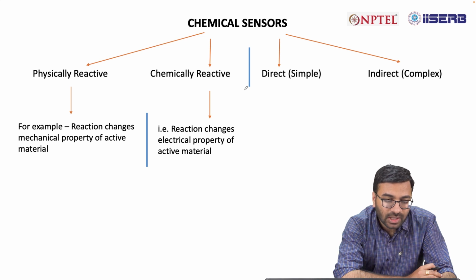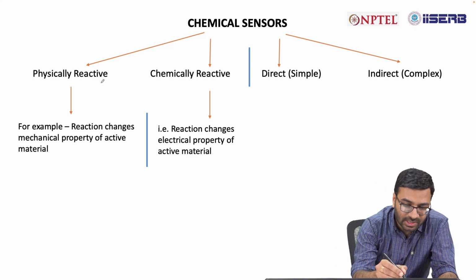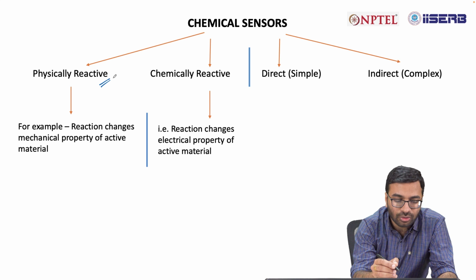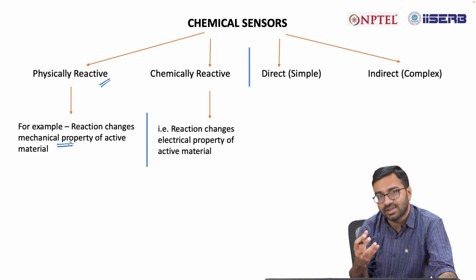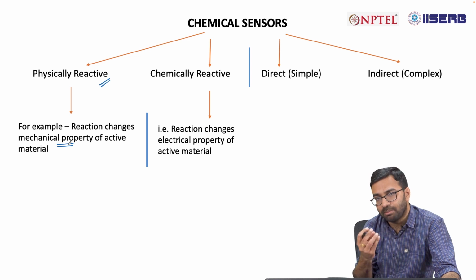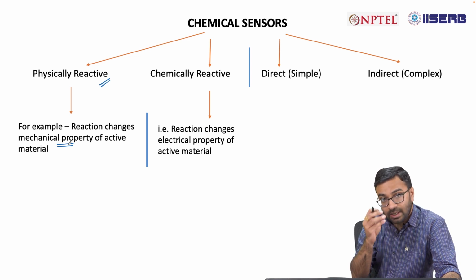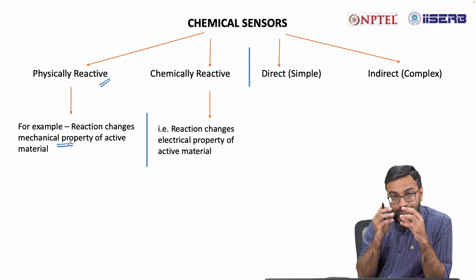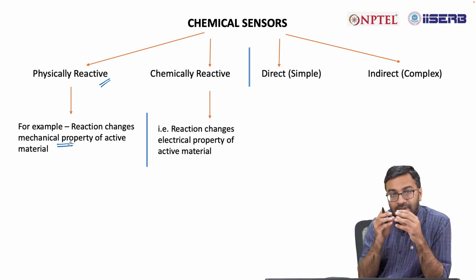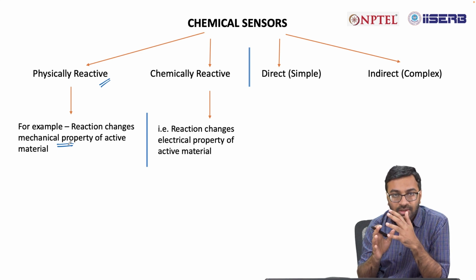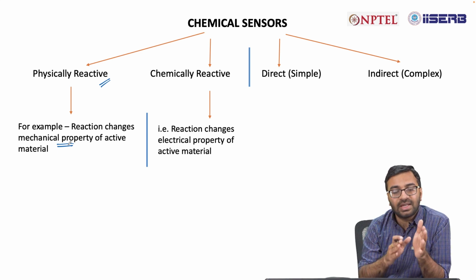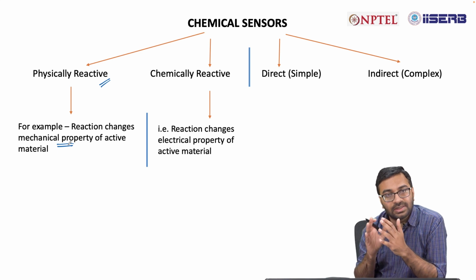Now, if we take an example of a physically reactive sensor, the reaction should change the mechanical property of the active material. So if the mechanical property of the active material of a sensor changes due to a certain sort of reaction, then we call it a physically reactive chemical sensor.